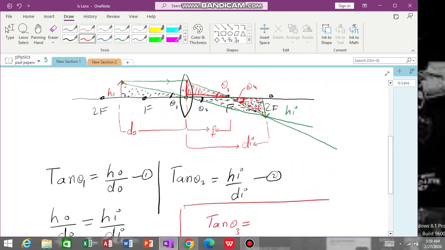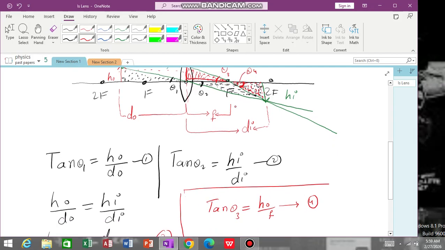This is the perpendicular, which is equal to HO by symmetry, divided by this distance, which is the focal length. So I can write tan theta 3 is equal to HO divided by the focal length. This is equation number 4.